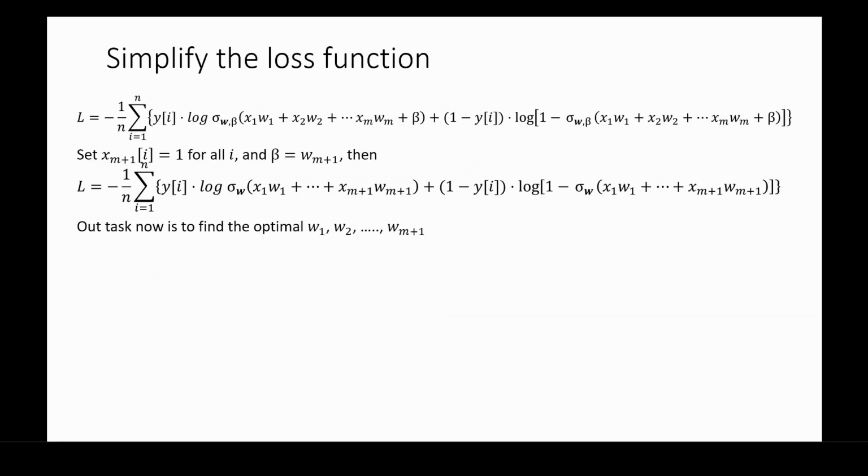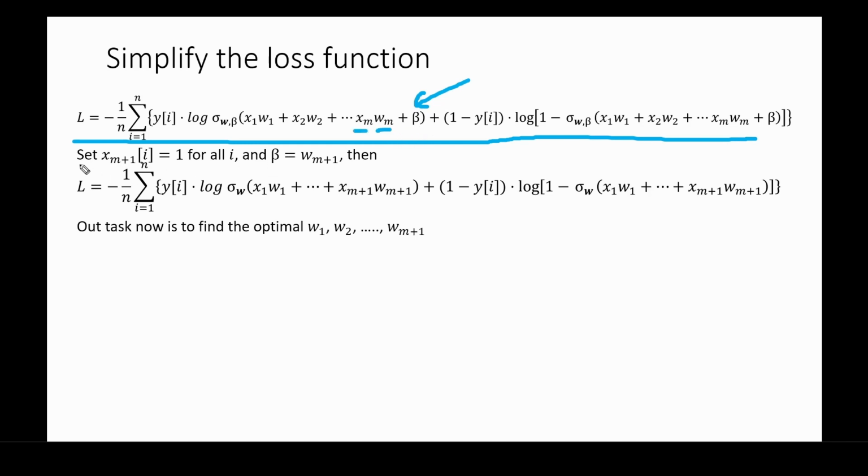Before we move any further, let's first simplify the loss function. This first expression here is simply the loss function that I copied from the previous slide. And I really don't like this beta. I want this beta to also be in the form of x times w.